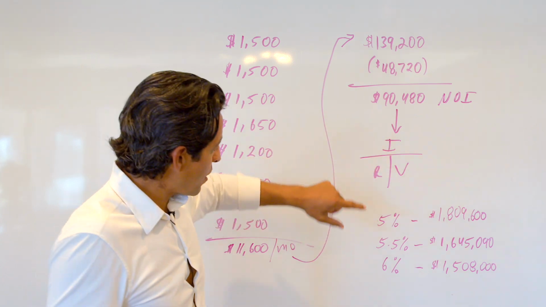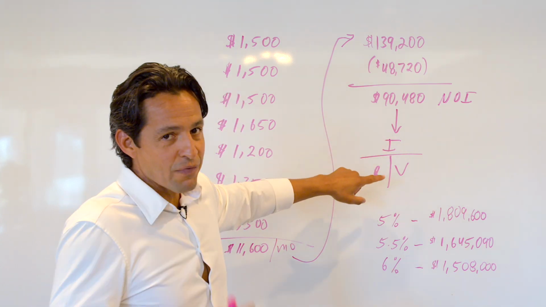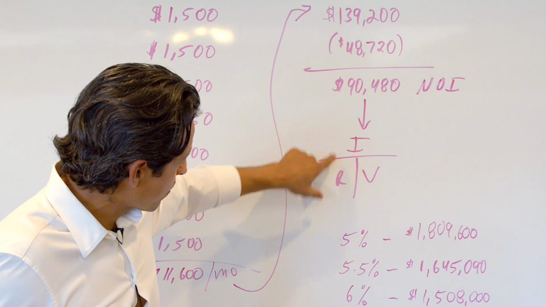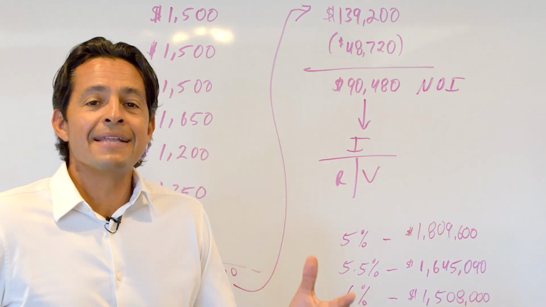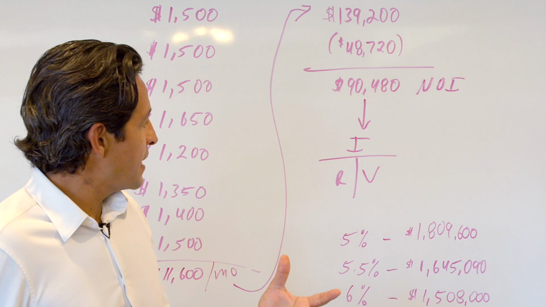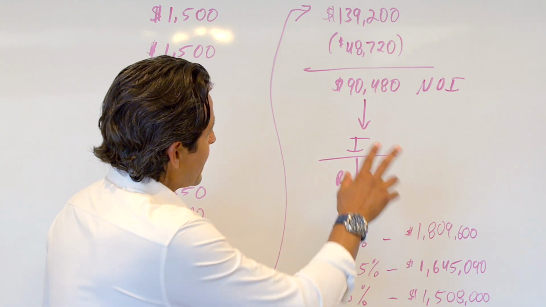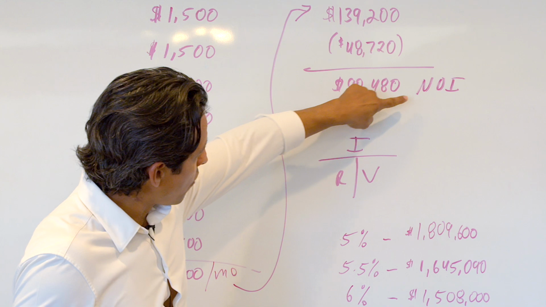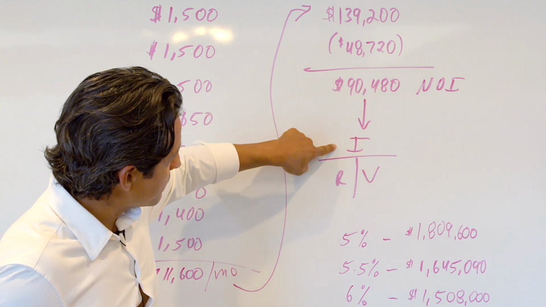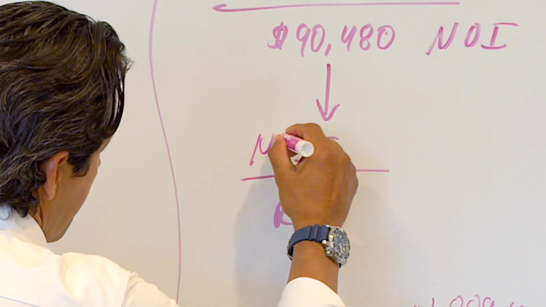Some of you asked, why do you call it IRV? It's just a simple way for me to remember, but it's IRV. I call it Uncle IRV. I guess I could have called it Auntie IRV, but Uncle IRV sounds right. So I now take the net operating income, NOI, it becomes the I, okay? So this is really what this means, NOI.